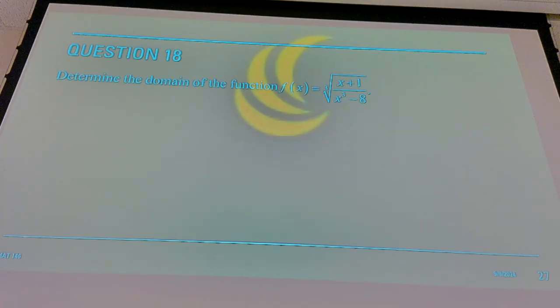Right, so what about x cubed minus 8? Technically it's the cube root that can't be 0.